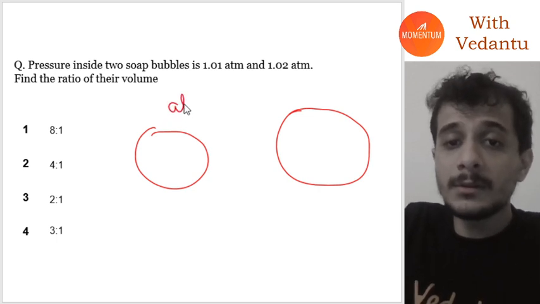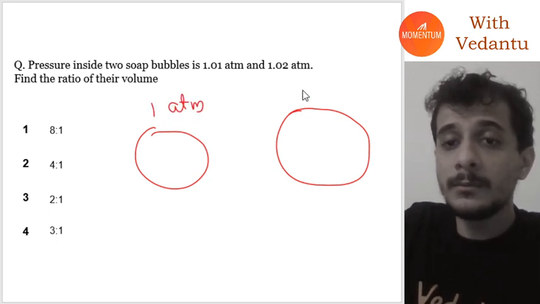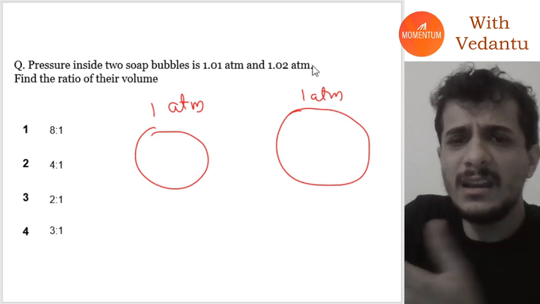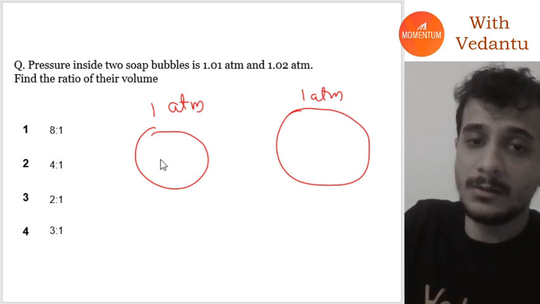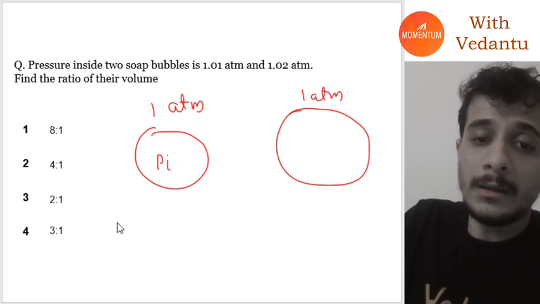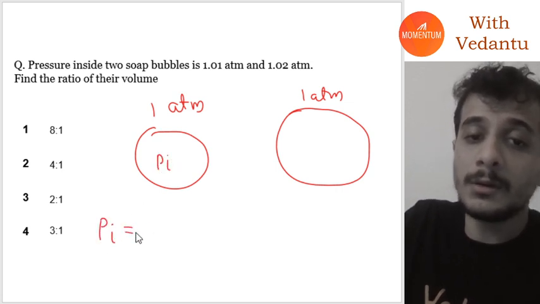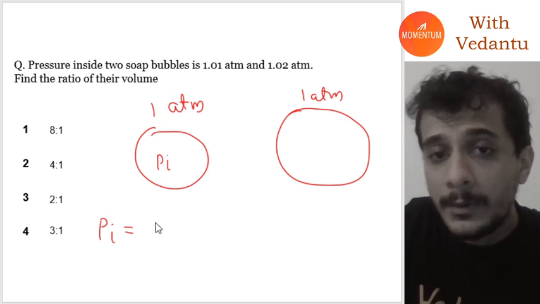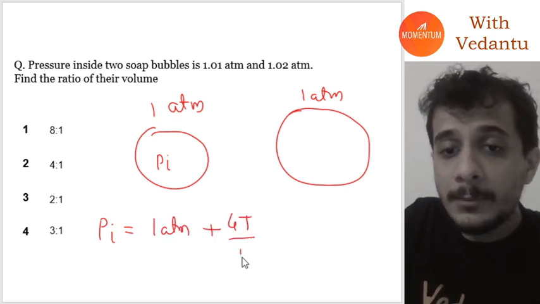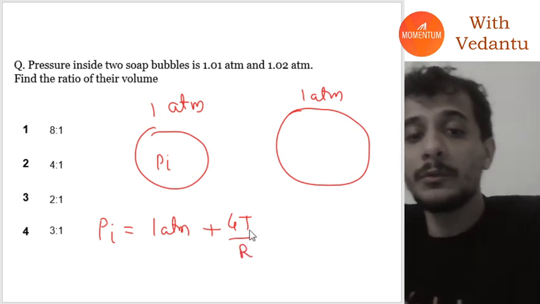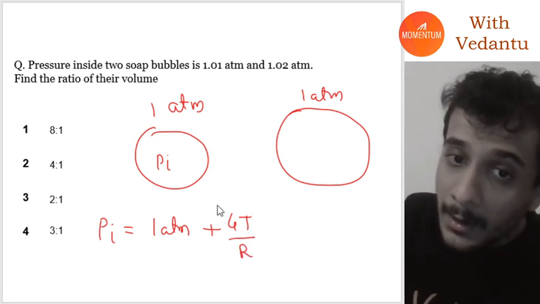The outside pressure is always going to be 1 atm because these bubbles are in air. The inside pressure will be equal to the outside pressure, 1 atm, plus 4T by R.